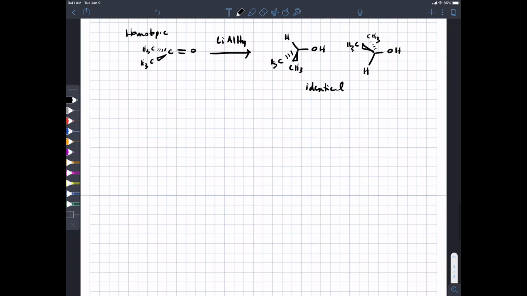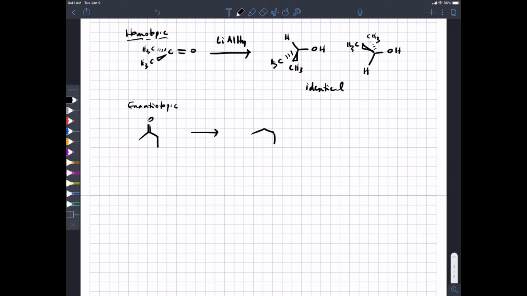So that's important because if the two faces of a molecule are homotopic, you don't need to worry about whether or not you have stereoisomers as products. You don't. In the case of a molecule being enantiotopic, which I think we talked about, enantiotopic faces, we're going to get two products, right?